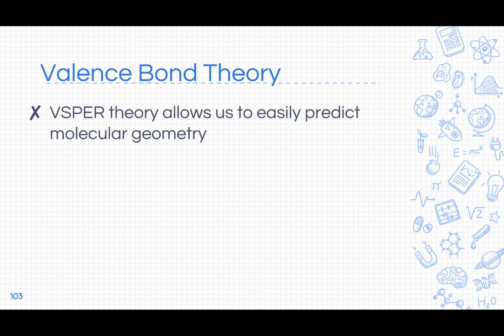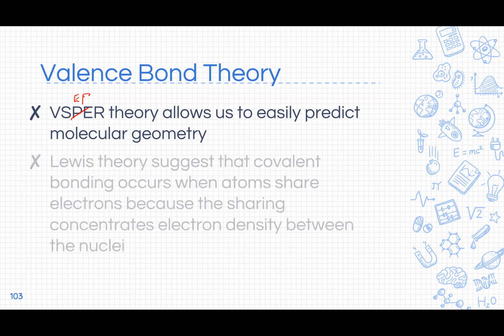And so again, we're still talking about covalent bonding. We know that the VSEPR theory, that was the valence shell electron pair repulsion theory, allows us to easily predict the molecular geometry of a molecule. So we can say it's tetrahedral or it's bent or whatever.